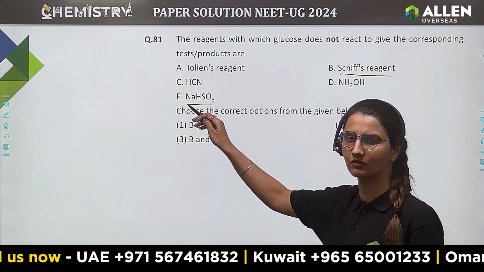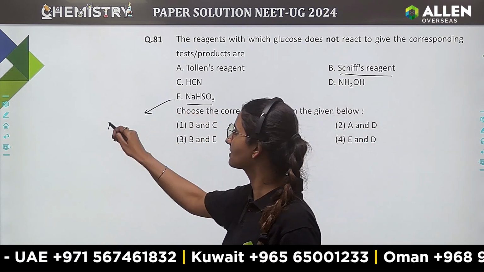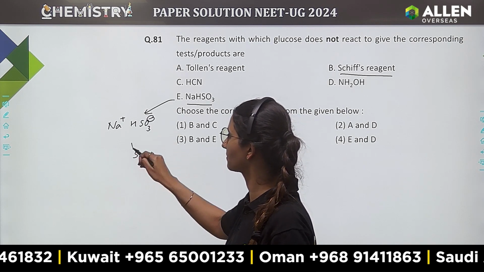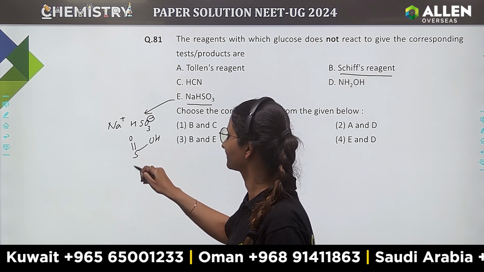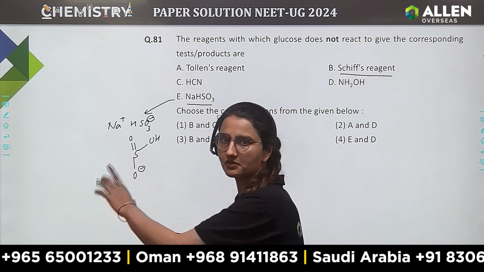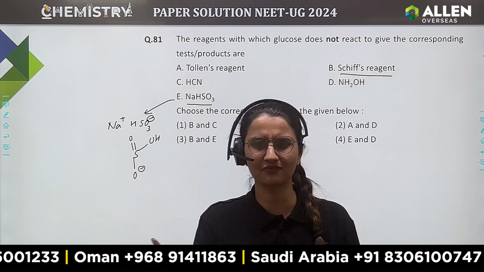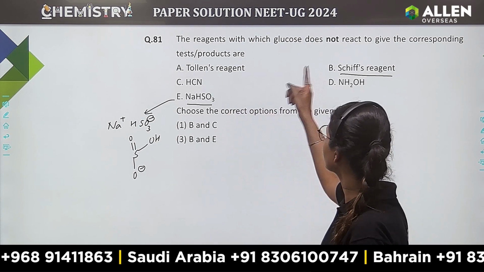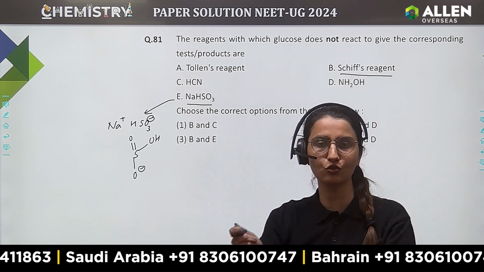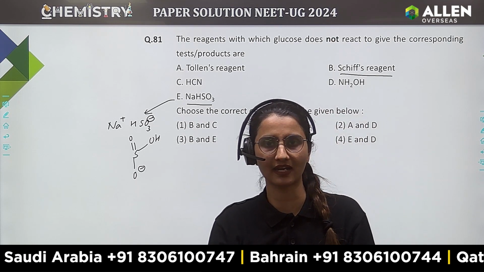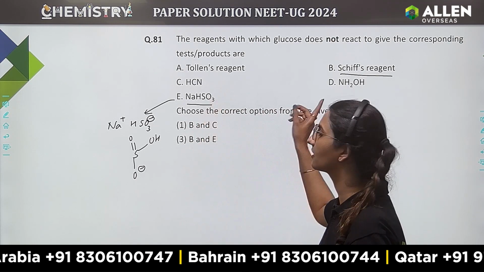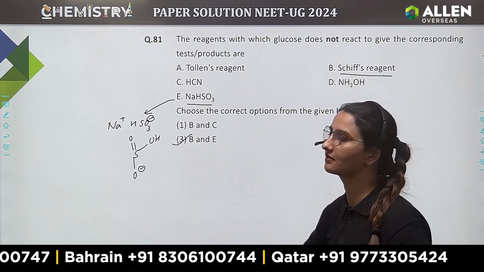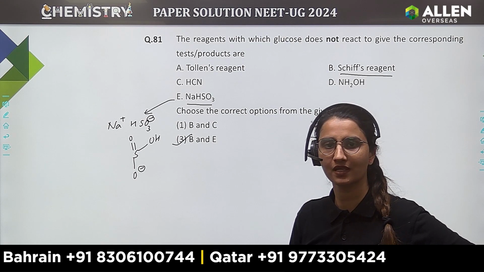This thing you know, no? NaHSO3, students, exists as Na plus HSO3 negative. This is the structure. This negative charge is resonance stabilized. If it is stabilized, why would it want to attack? So these two are not strong reagents to break that glucose ring, pyranose ring, and give the test. Rest of the reagents can give. So which do not give directly, B and E. Correct? Okay.